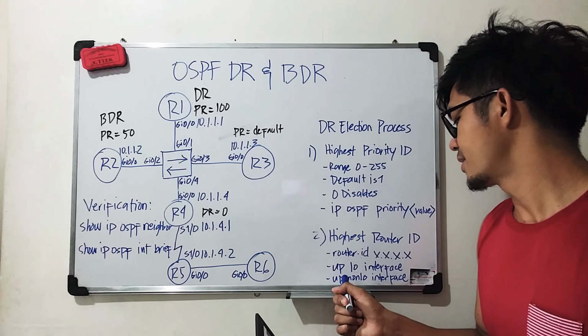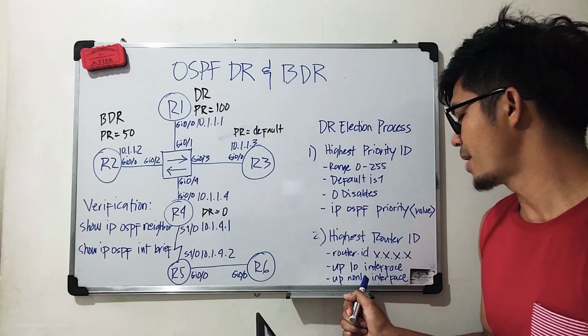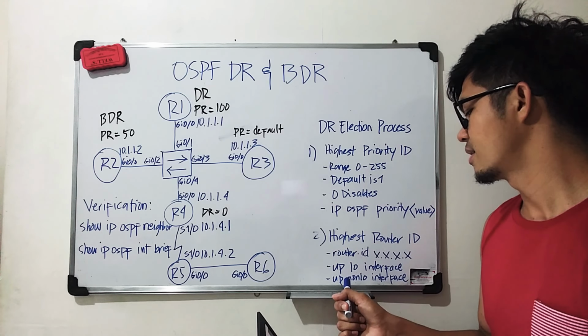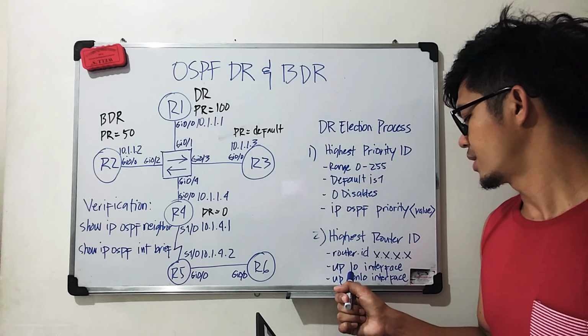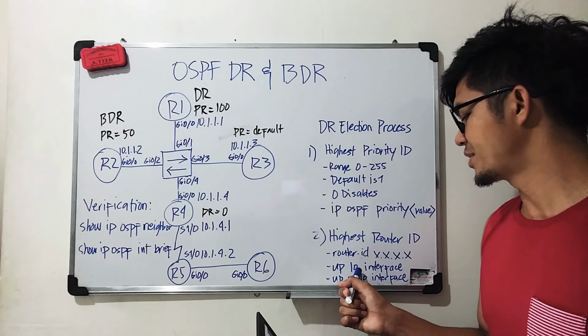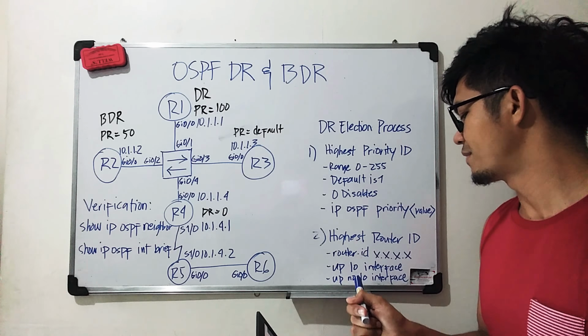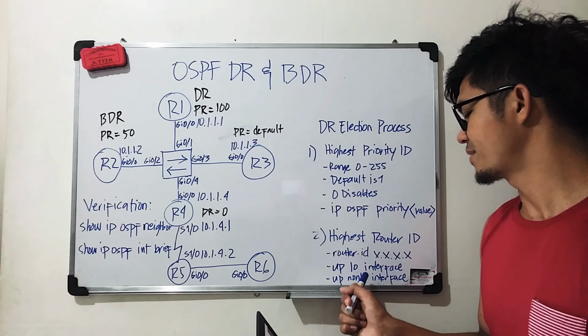And the last one, if there's no up loopback interface, is the physical interface that is up. So if there's no loopback interface configured, then the router ID will look at the physical or non-loopback interface.